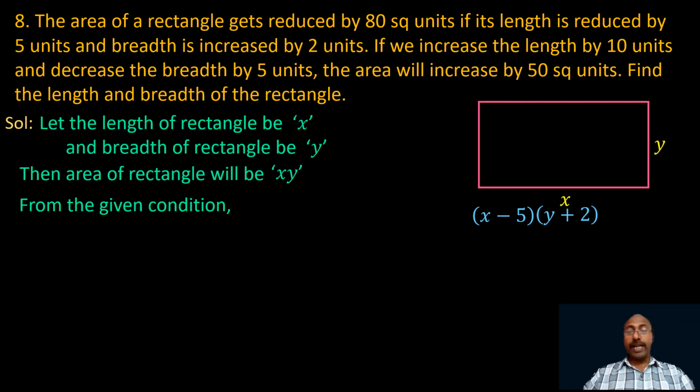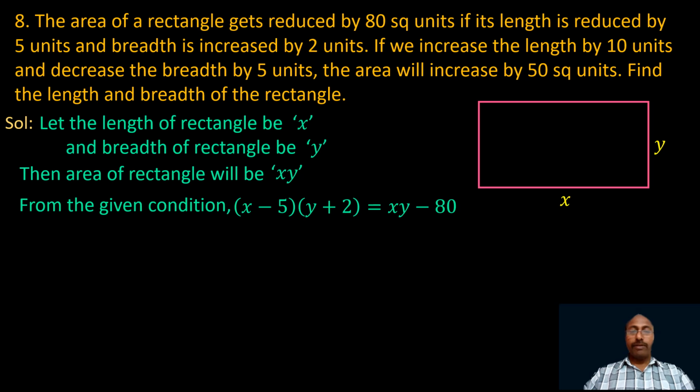And it is given that the new area is reduced by 80 square units from its actual area. That is, new area is xy minus 80. Okay, so now the new length into new breadth is equal to new area. That is (x minus 5)(y plus 2) is equal to xy minus 80. This is the equation.